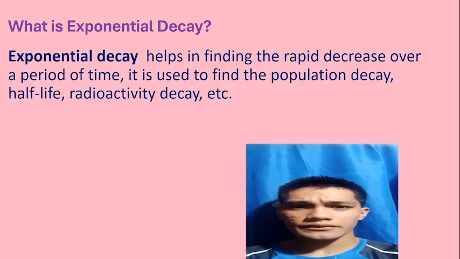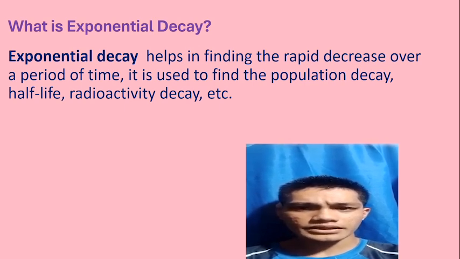What is exponential decay? Exponential decay helps in finding the rapid decrease over a period of time. It is used to find population decay, half-life, radioactive decay, etc. So the formula is as follows.